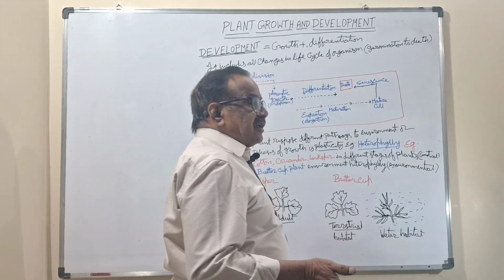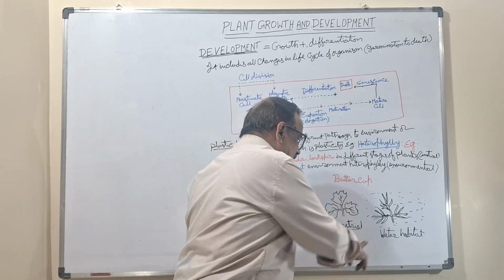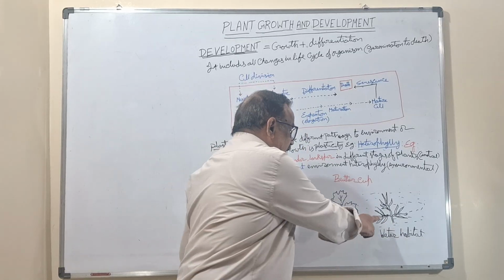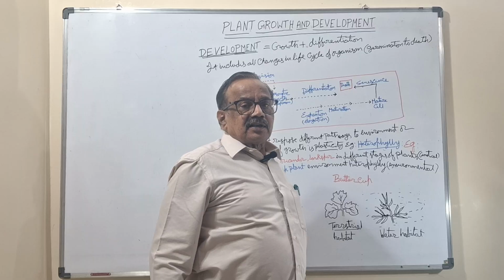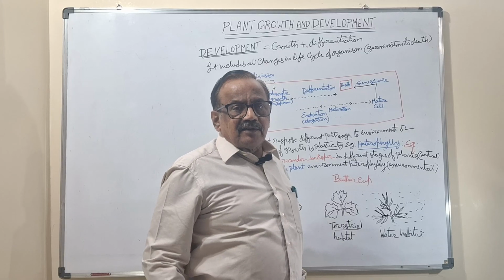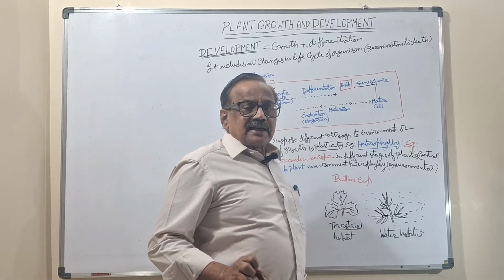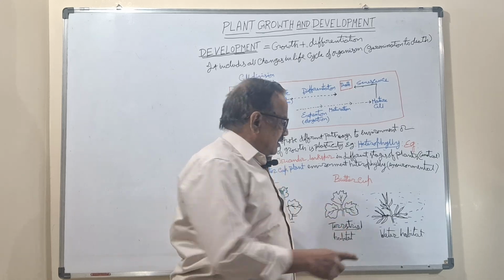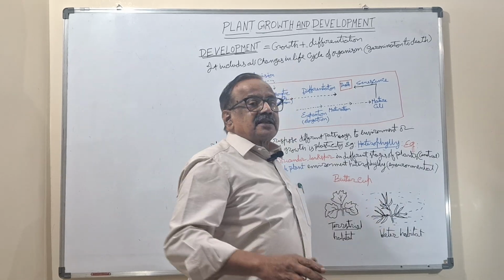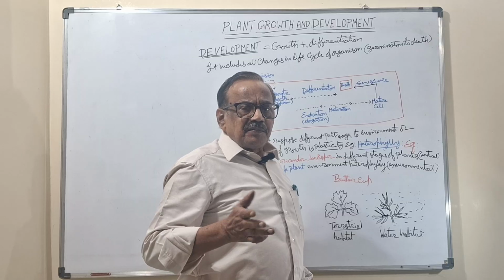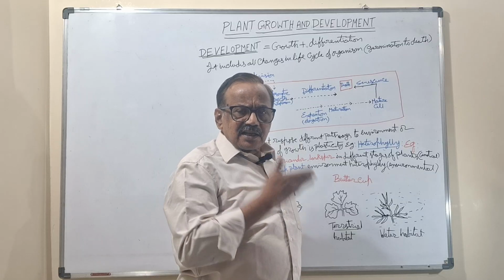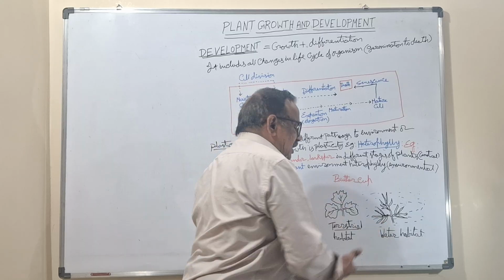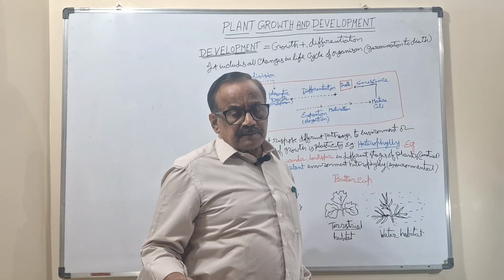Next, whenever it is growing in the aquatic condition in the water, it used to show trifoliate only, but whatever leaves or leaflets are there, they will be serrated. Serrated means they will be split in structure. Same plant, same species: in the terrestrial habitat it will show one type of leaves, and in the water habitat it will show a different one.